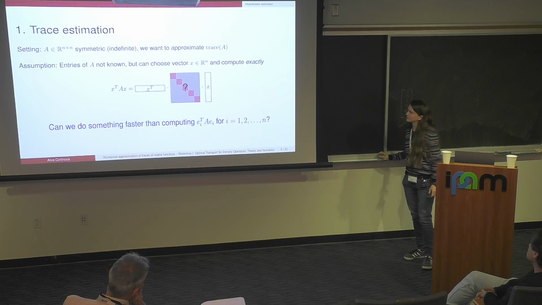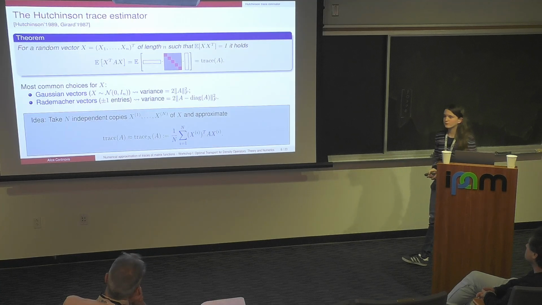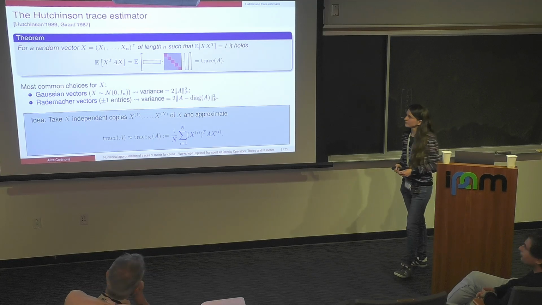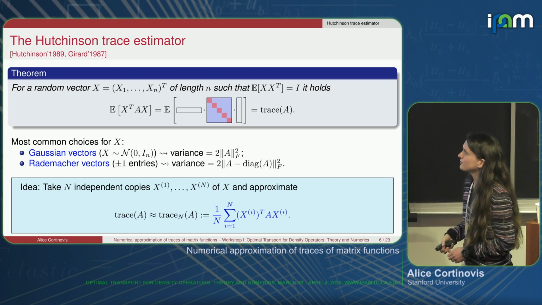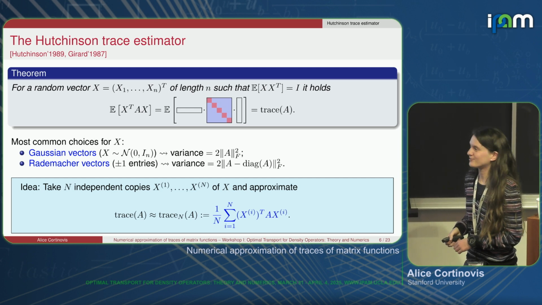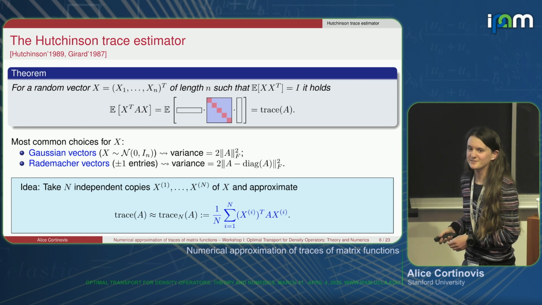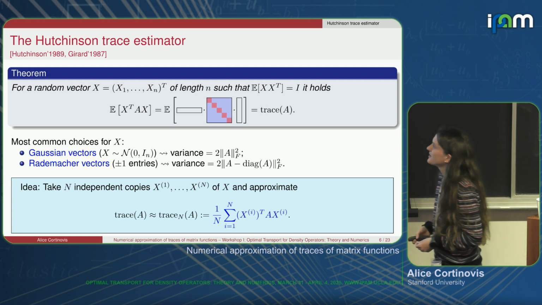So the cool thing is you can obtain an approximation of the trace a bit faster using random vectors. This is what's called the Hutchinson trace estimator. Actually, it was proposed by Girard a couple of years earlier, but people tend to call it the Hutchinson trace estimator.